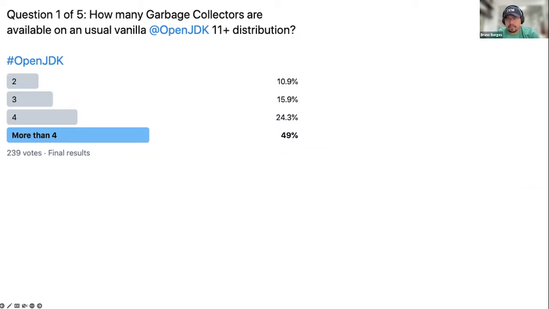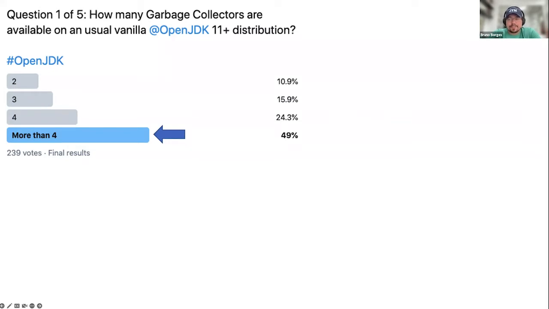This is the result of where people voted the most. So 49% believe there are more than 4 garbage collectors available on vanilla distribution of OpenJDK. And they are right. It is true. More than 4 garbage collectors are available on OpenJDK.